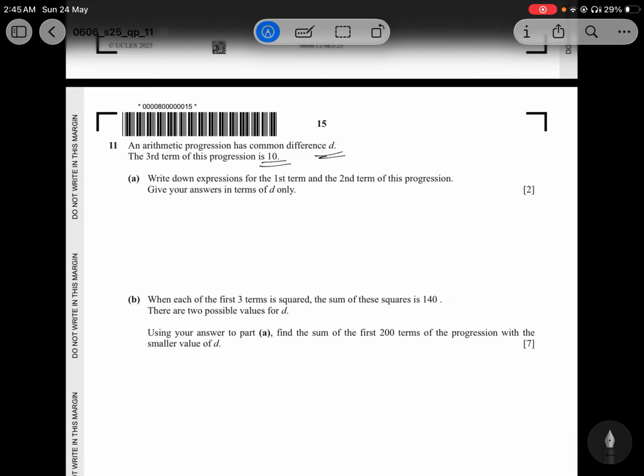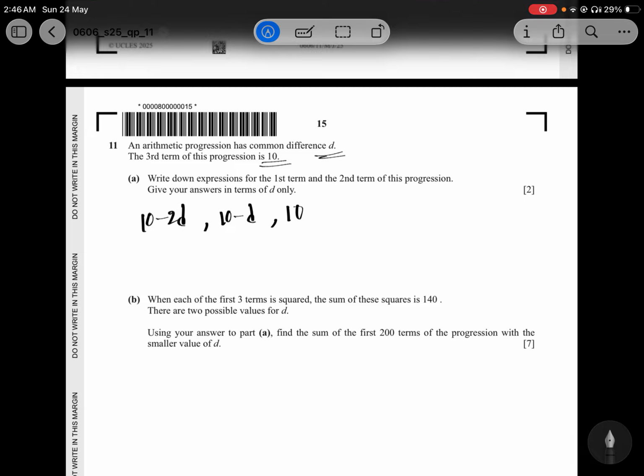The third term of the progression is 10. Okay, the first term should be 10 minus 2d, and the second term 10 minus d.